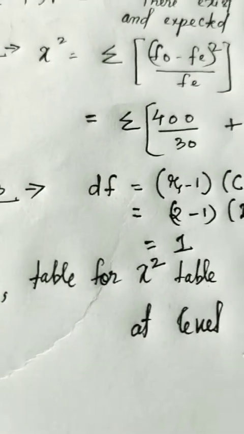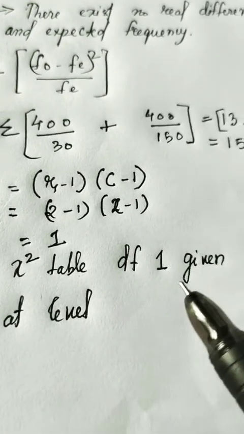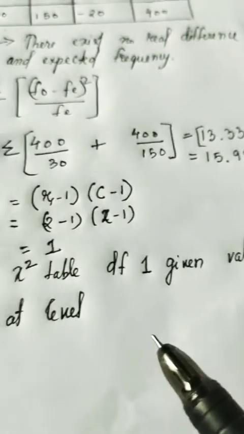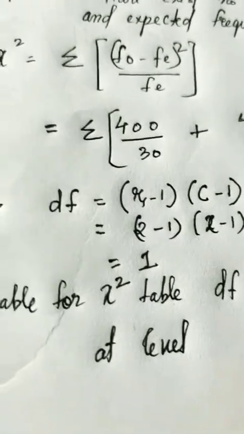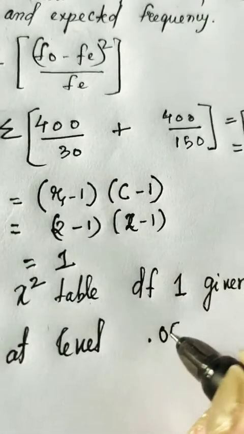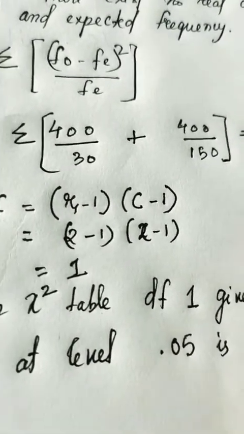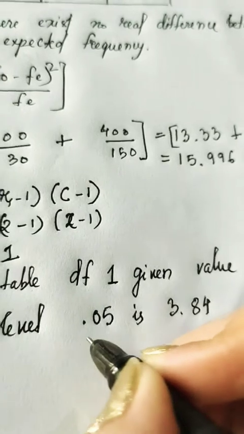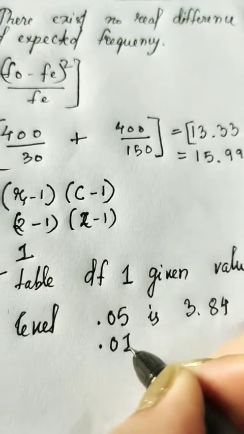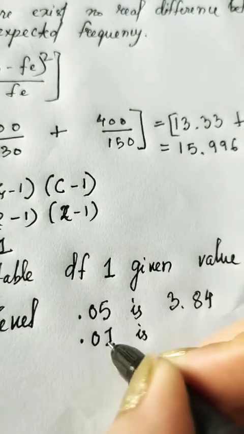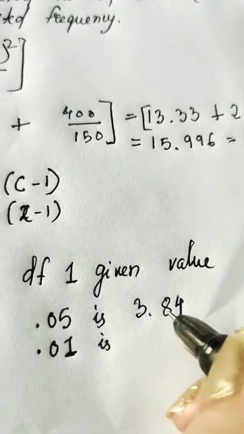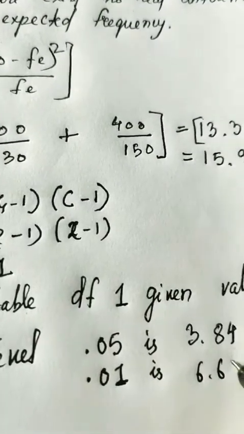Now the chi-square table, degree of freedom 1, given value at level 0.05 is 3.84 and at level 0.01 is 6.63.